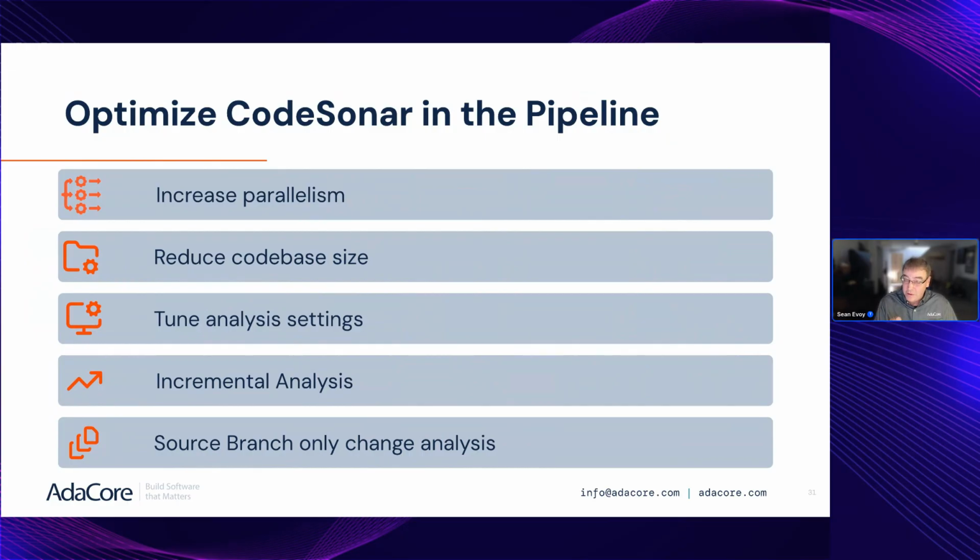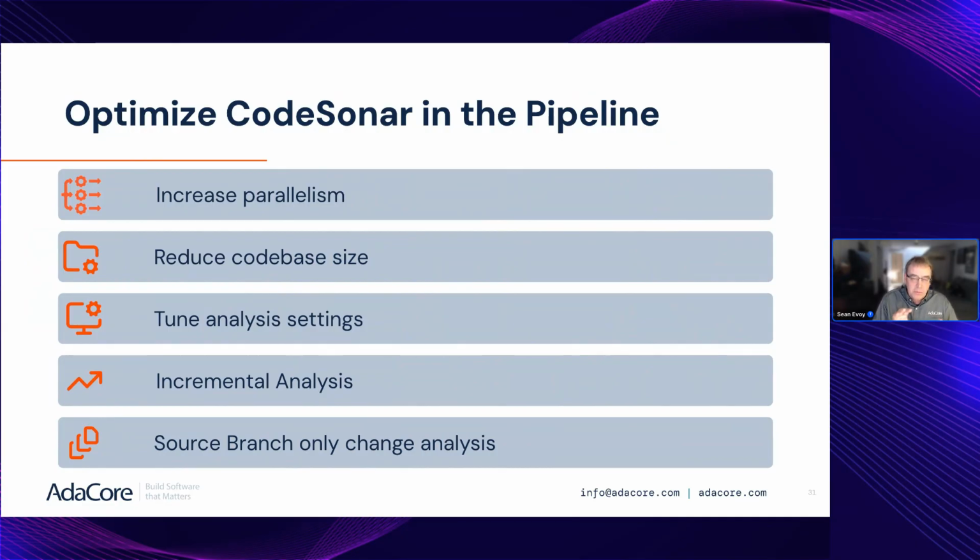We also want to try to reduce the amount of code that we're analyzing on every run. Sure, on our nightlies, we want to analyze the entire code base, but ideally, if I'm just doing a merge request or a pull request, I just want the analysis to run on my stuff. And CodeSonar is more than capable of doing that. You just need to dial it in to do so.